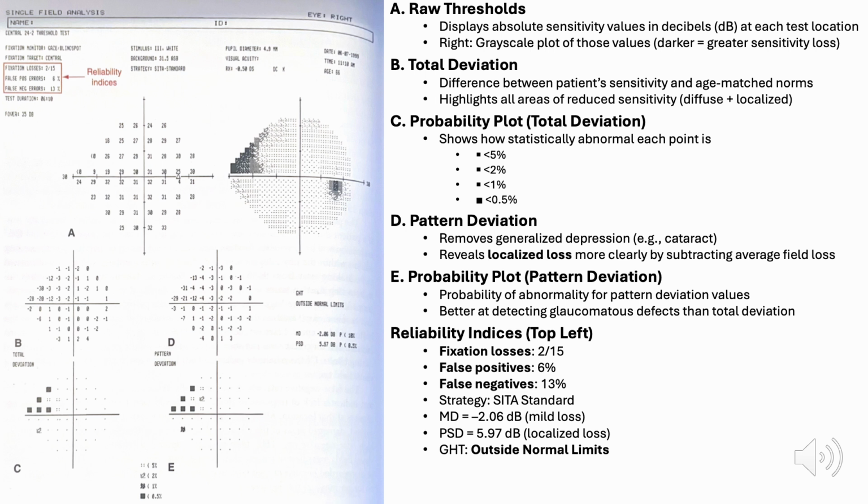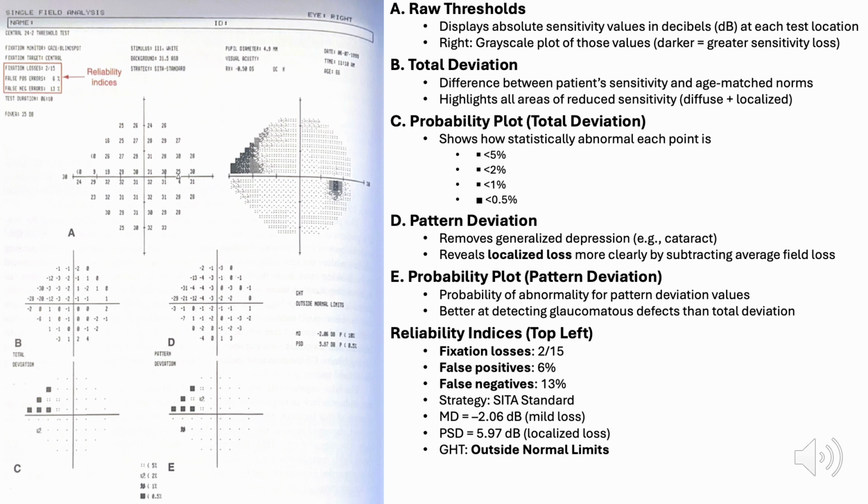Panel B shows the total deviation map, which tells us how much the patient's sensitivity differs from age-matched norms. This includes both diffuse and focal loss. Panel C shows the probability plot for total deviation. It highlights how statistically significant each reduction is, with darker boxes indicating higher levels of abnormality.